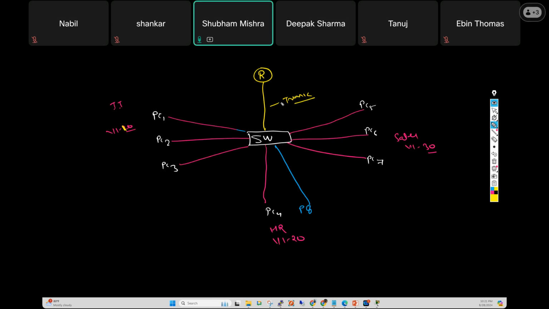If we do not use the trunk, we are using 3 different interfaces. But if we are using the trunk, only one interface. It means with the help of trunk, we can avoid the wastage of interfaces. Clear? Any doubt?